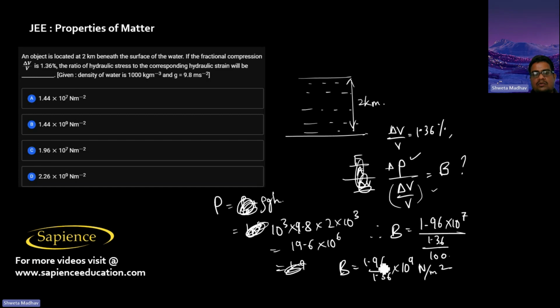Now 1.96 divided by 1.36 is approximately 1.44. Therefore, the bulk modulus is approximately 1.44 into 10 power 9 Newton per meter square. So option D is the correct answer.